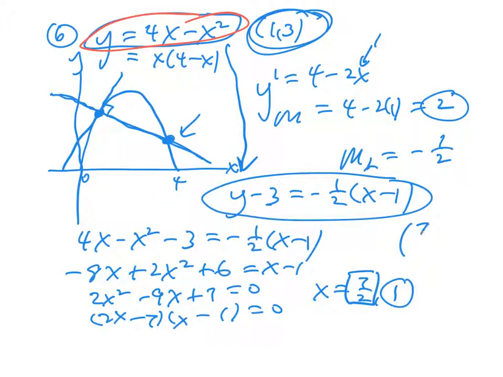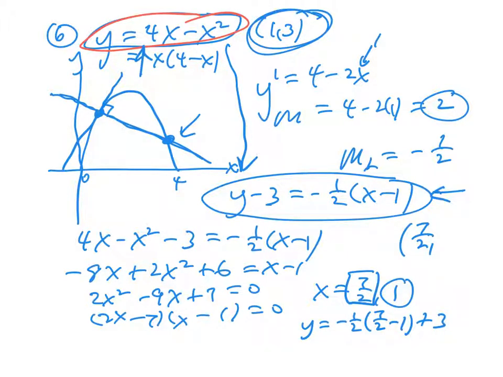So if the x coordinate is 7 halves, how do you find the y coordinate? Well, you can either plug it into the line equation or the parabola equation. Which one looks easier? I don't know. Maybe the line equation in this one, right? So y equals negative half times 7 halves minus 1 plus 3.